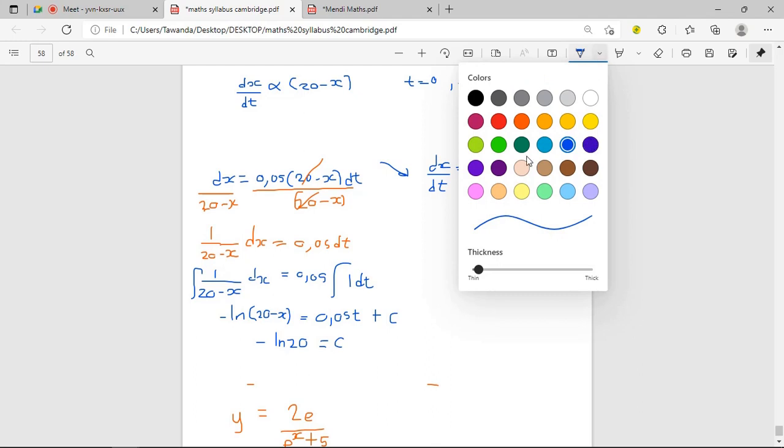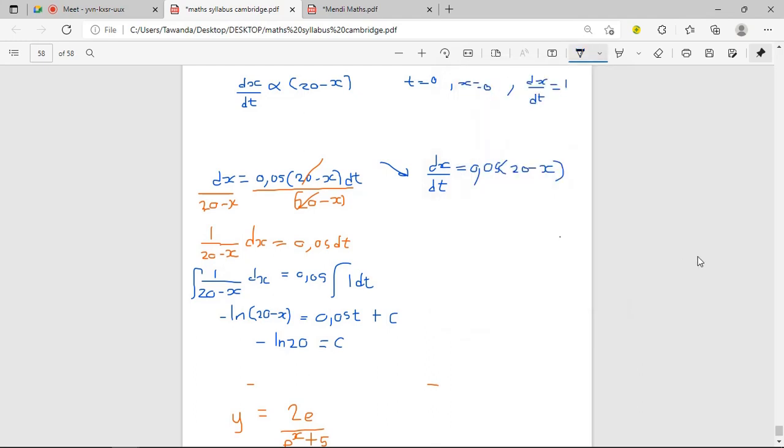Like I said before, please don't take a calculator and work out negative ln 20 and then write your answer in decimals. No, just leave it as it is. Let's substitute it back here. Where you see c, put minus ln 20.